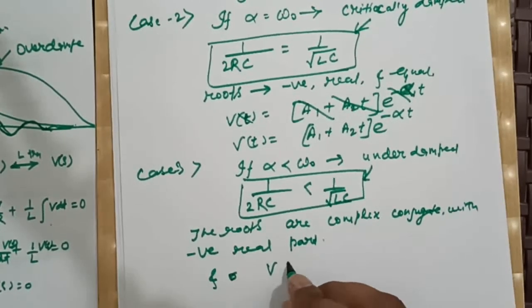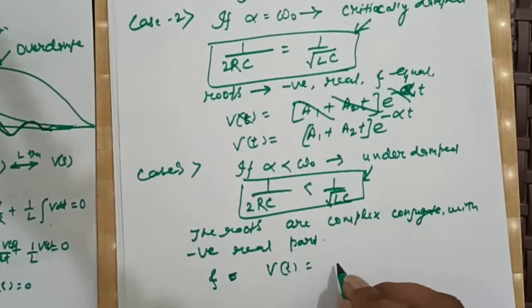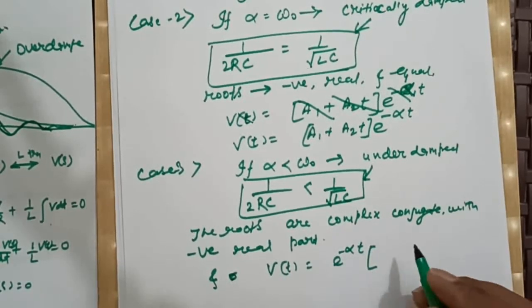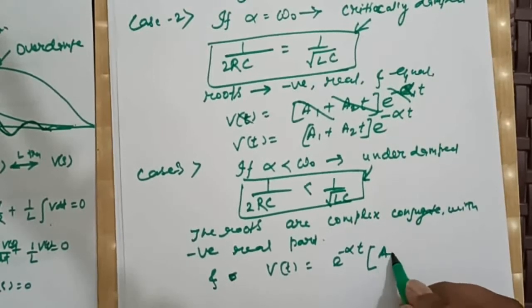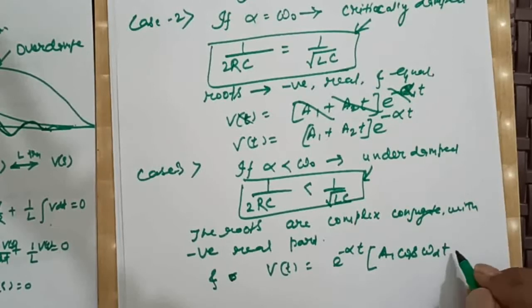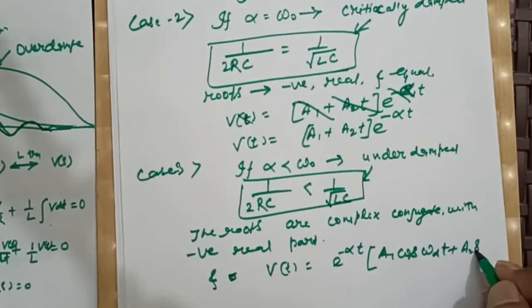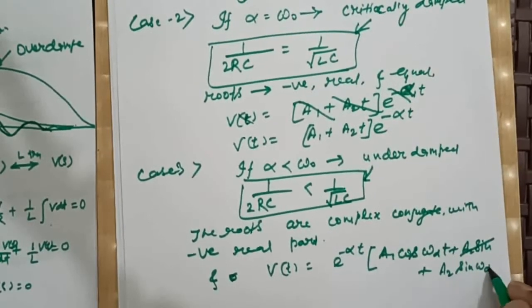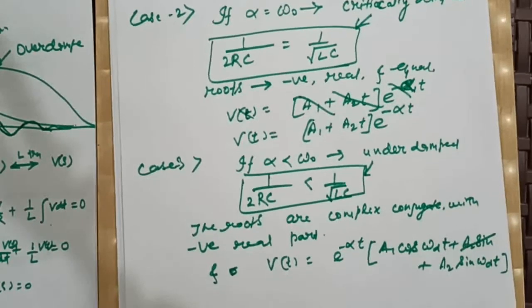our V(t) will become e to the power minus alpha t times (a1 cos omega_d t plus a2 sin omega_d t), isn't it?